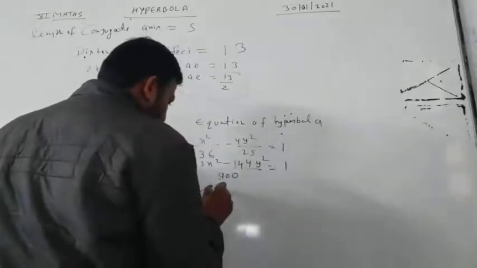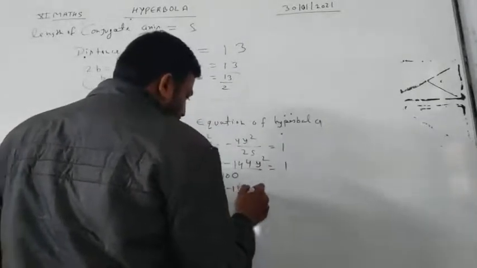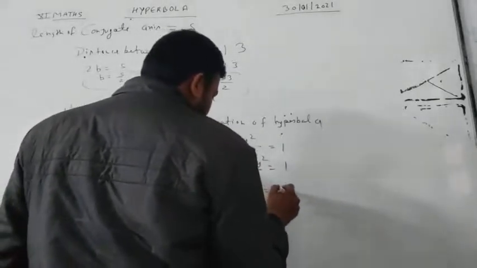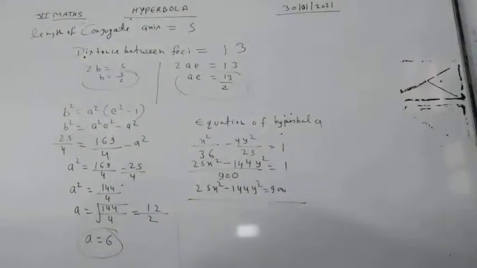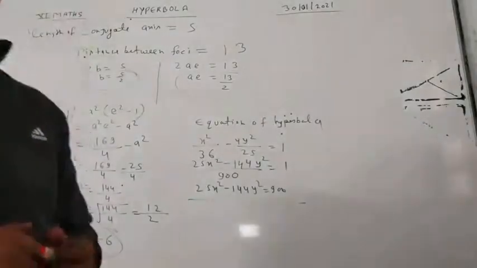So 25x square minus 144 y square is equal to 900. So the equation of hyperbola will be 25x square minus 144 y square is equal to 900. Okay students, I hope you understand.